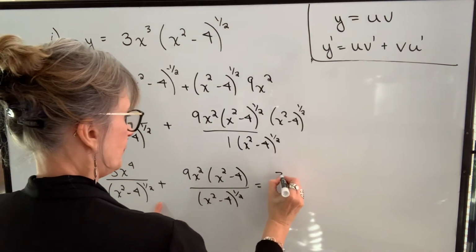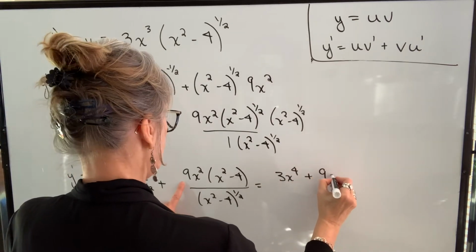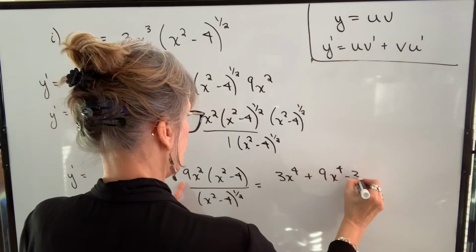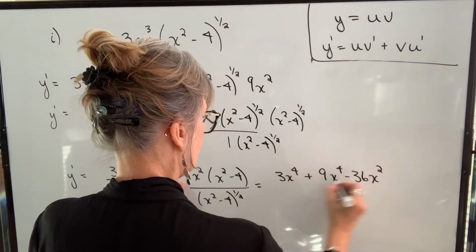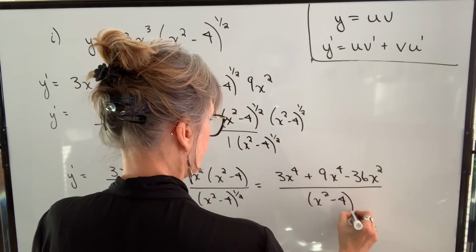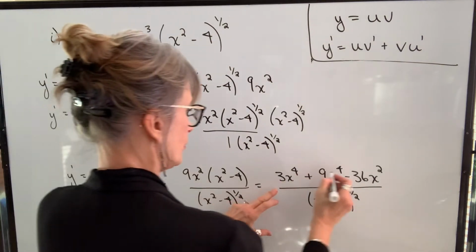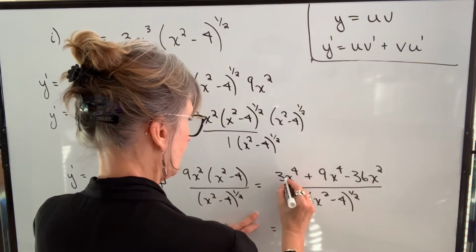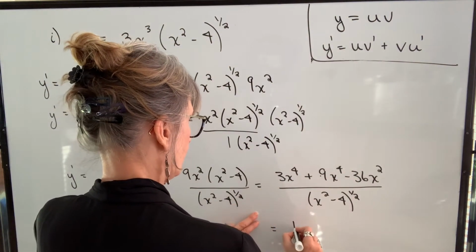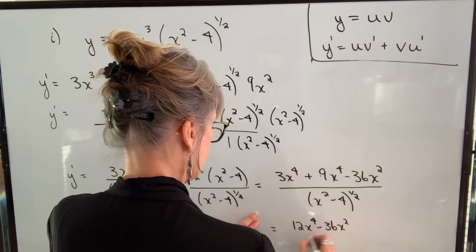So that will be 3x to the 4th plus 9x to the 4th minus 36x squared, all over this denominator. I can combine my like terms. I'll have 12x to the fourth minus 36x squared.